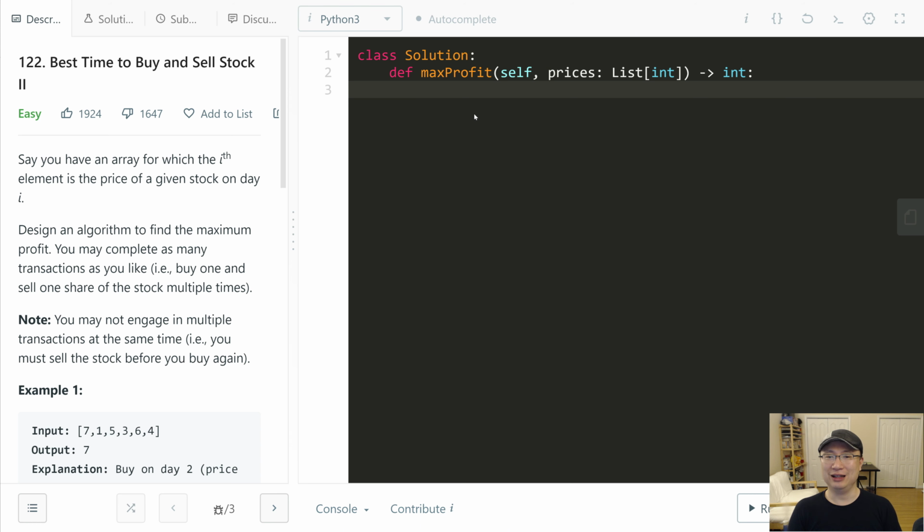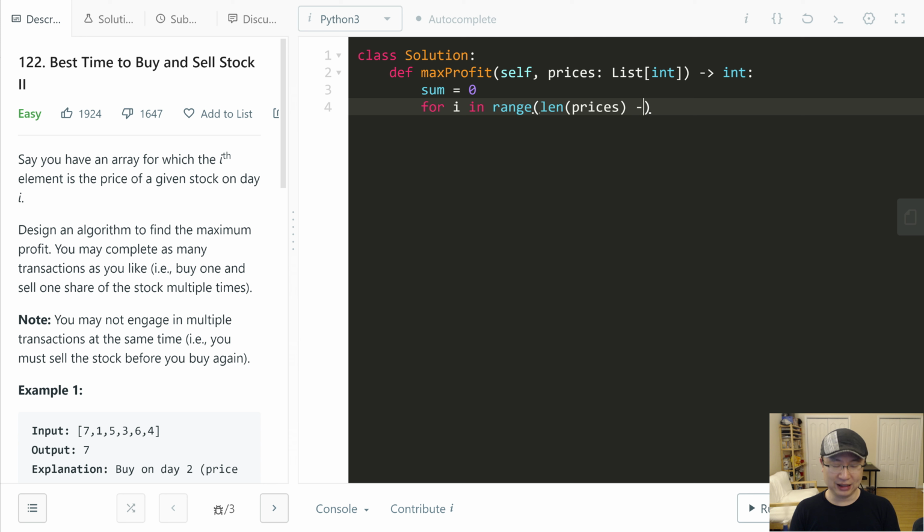Okay, let's code it. First, profit, or sum, is 0. And then iterate for i in range length of prices minus 1, because I will compare i with the i plus 1 index.